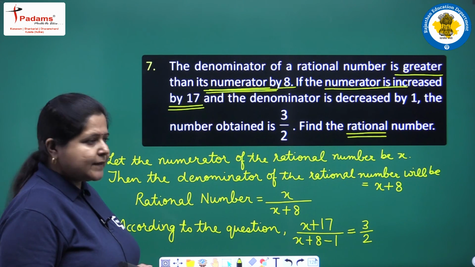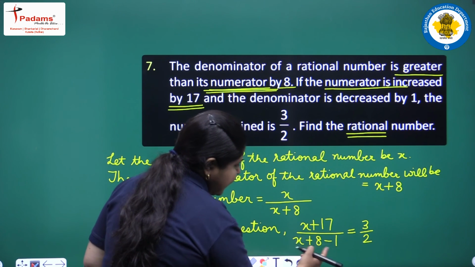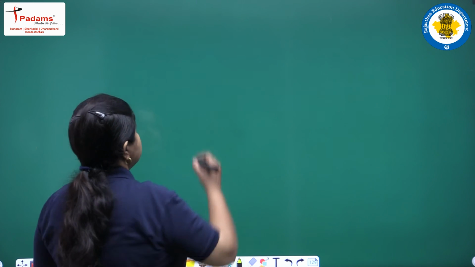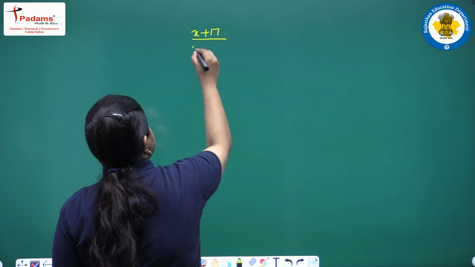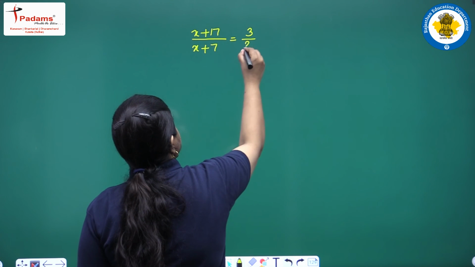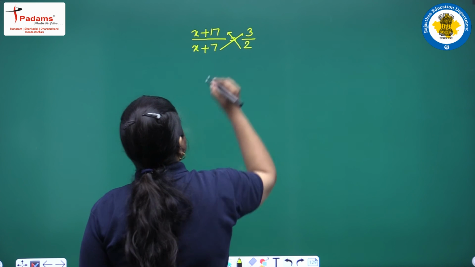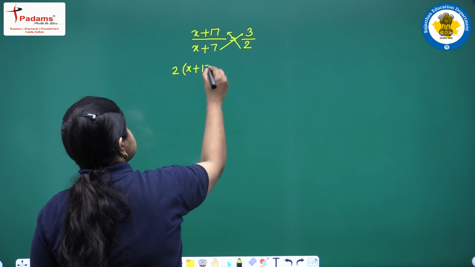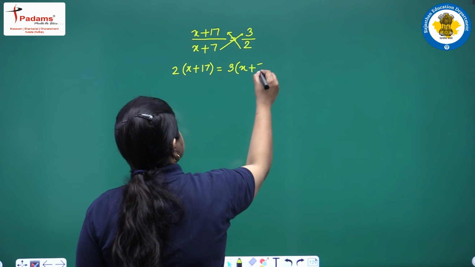Now, we need to solve this. x plus 17, and this will become x plus 7, since 8 minus 1 is nothing but 7. So, we can write it as x plus 17 upon x plus 7 equal to 3 upon 2. Again we will cross multiply. In this way we get 2 into x plus 17 equal to 3 into x plus 7.